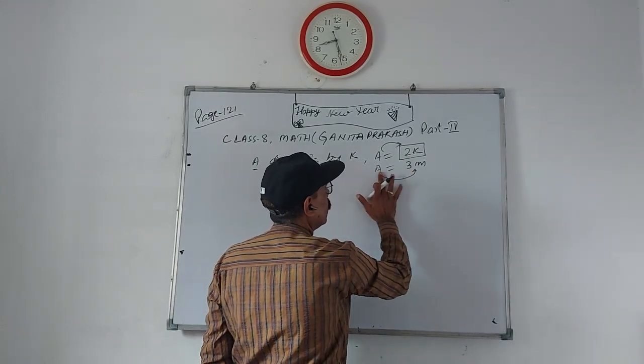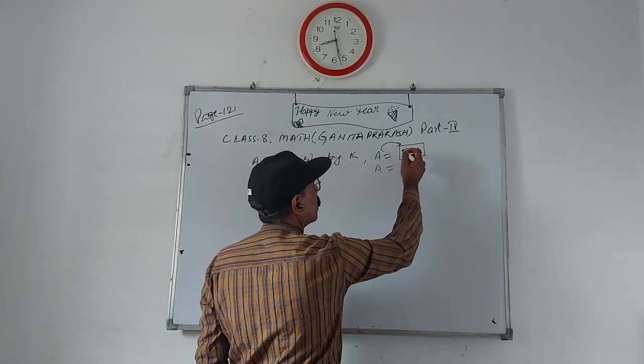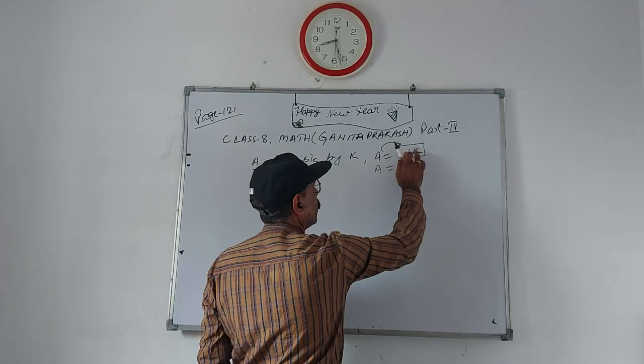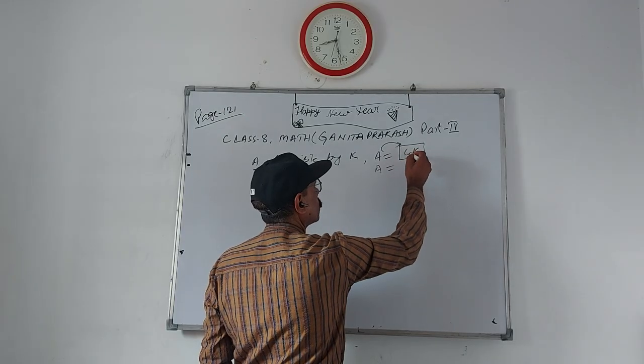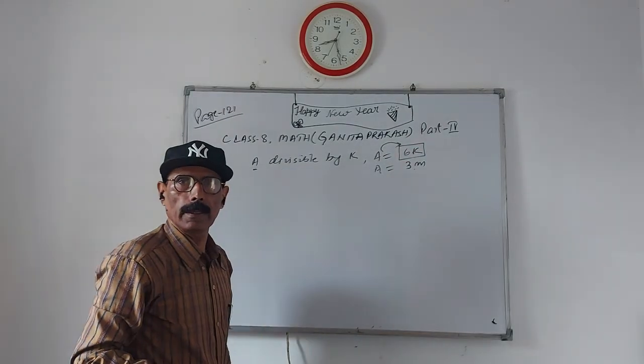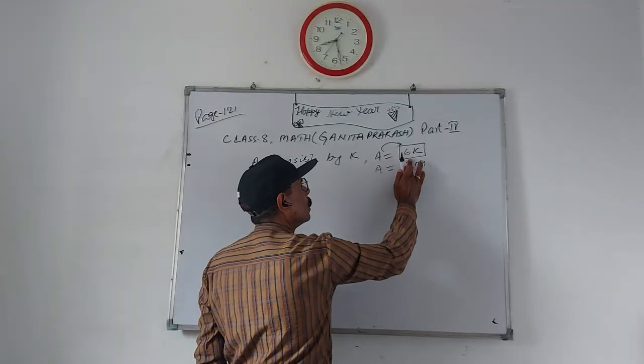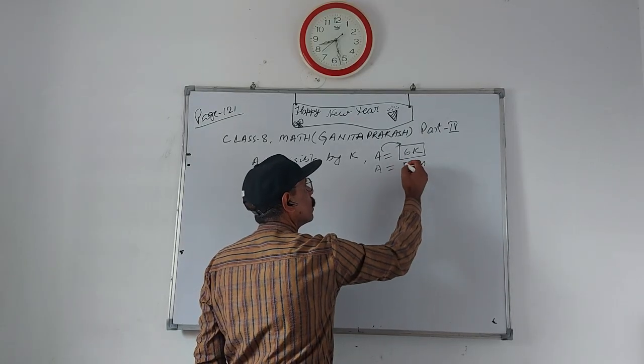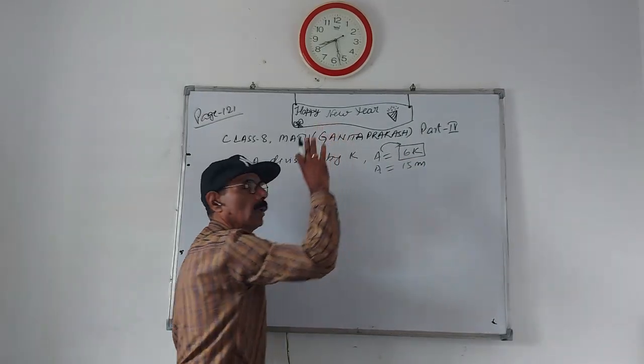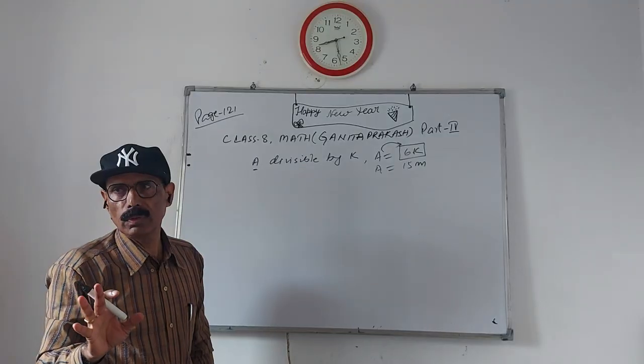To make you understand well, we can take a number like this, suppose 6K and 15M. The number is not fixed.